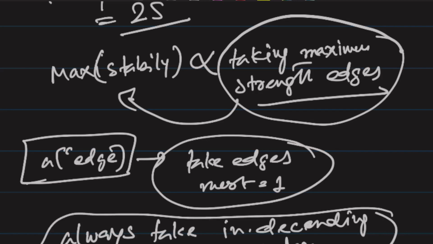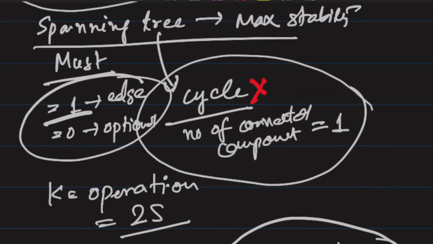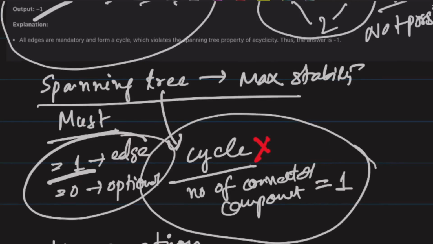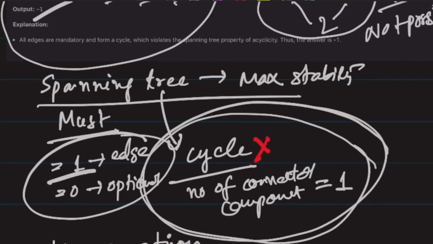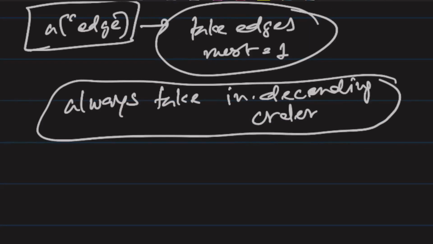Whenever we are building the spanning tree, we have to check this condition as well. So overall, at a high level, first take the edges where must equals 1.